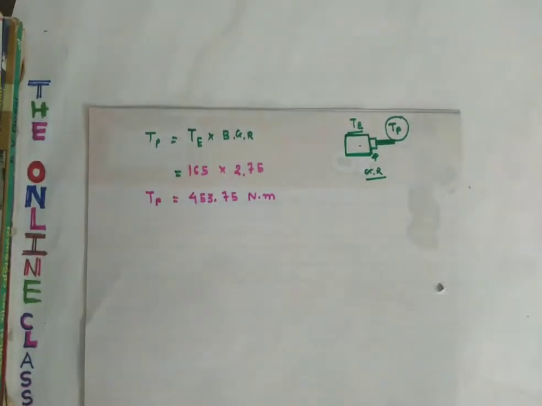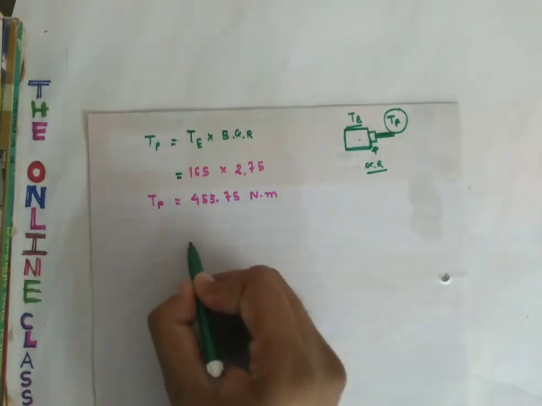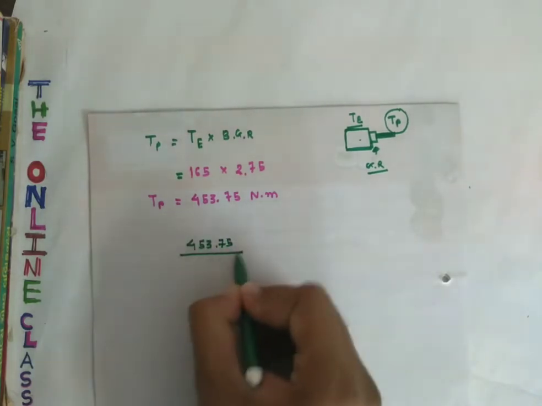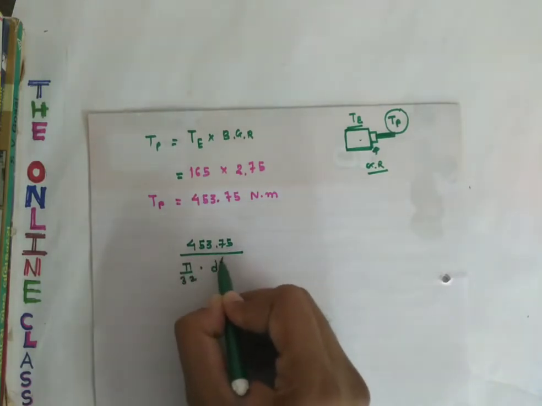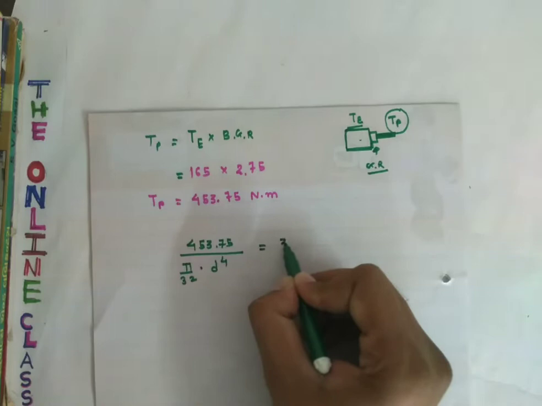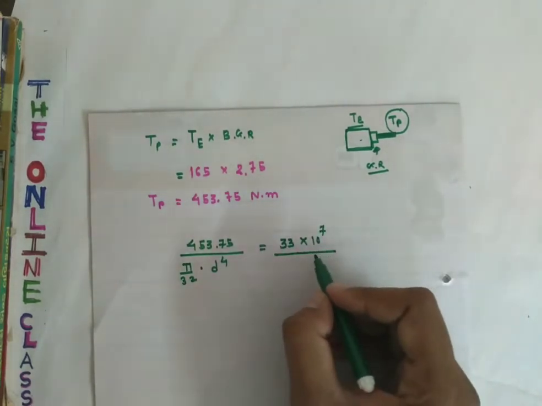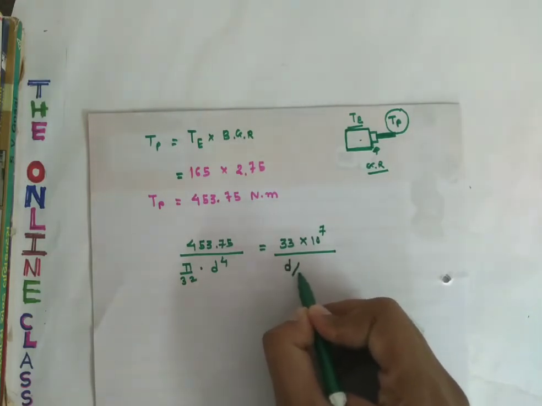Okay, now put the values of Tp, tau, R and Jp into our torsion equation. So what we have? We have 453.75 Tp divided by Jp, pi by 32 into d raised to 4, is equal to tau, 33 into 10 raised to 7, divided by R, which is d divided by 2.